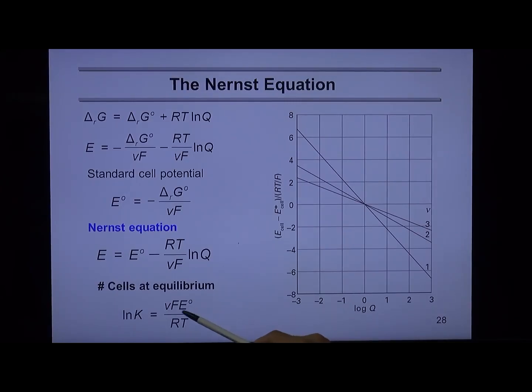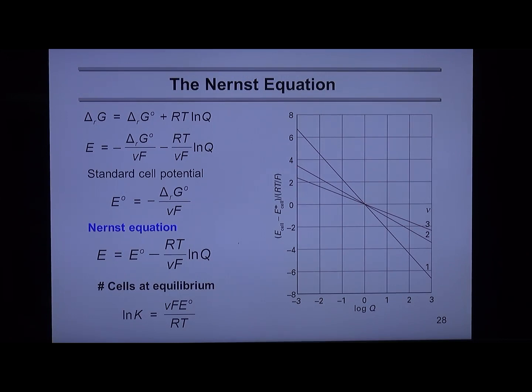If standard electrode potential is positive for a certain electrochemical cell, then K is large, which means that the chemical reaction moves toward the forward reaction, right? The forward reaction is spontaneous if the standard electrode potential is positive.